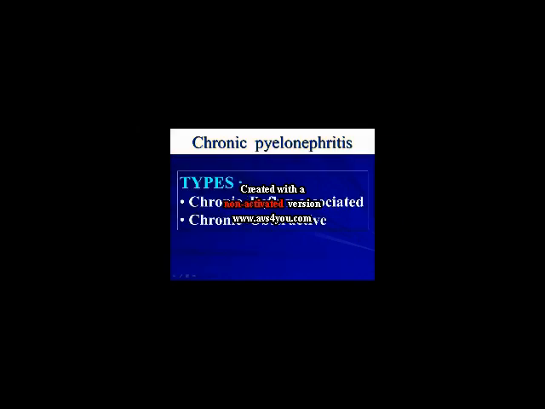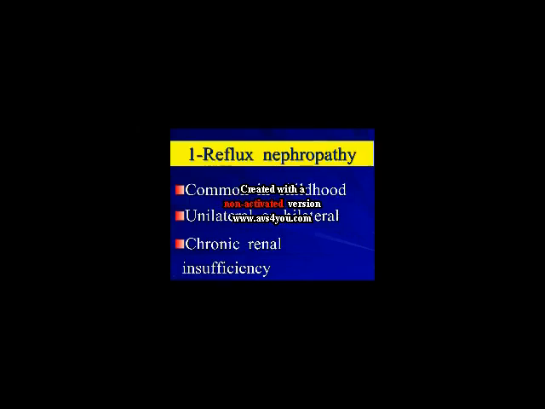Mainly, chronic pyelonephritis occurs due to two mechanisms. One is chronic reflux-associated nephropathy, and second is chronic obstruction of the urinary tract. Now, chronic reflux nephropathy occurs mostly in patients who have a congenital defect in the vesicoureteral valve.